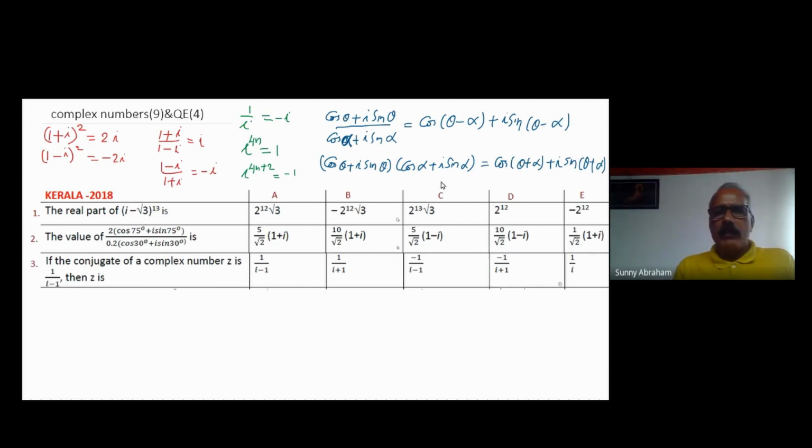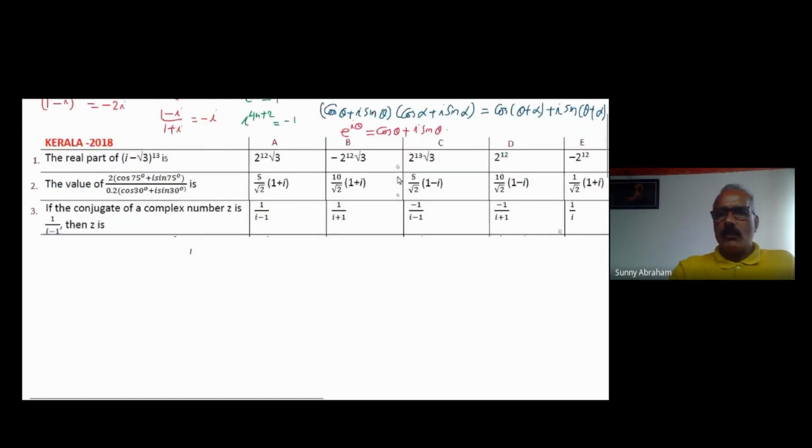Then what is Euler's notation? e raised to iota theta equals cos theta plus iota sin theta. That is Euler's notation, Euler's formula. Then you know how to calculate the modulus of a complex number and all.